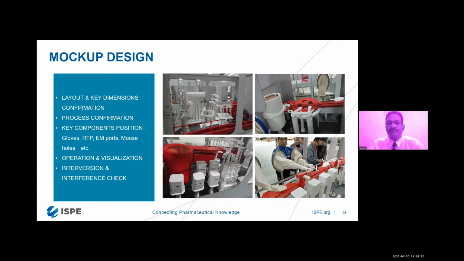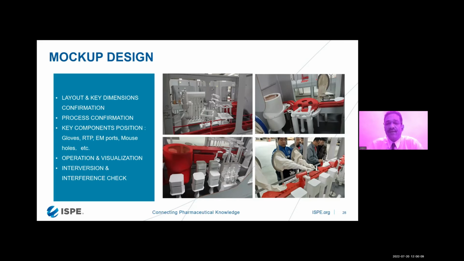In order to do all this, the first thing after the PO is that a mock or a wooden model of an isolator is made. That wooden model is going to show how you are going to do the operations, how you are going to take the material in, where the material is going to be placed, or where you require the hangers to hang the plates or the material which you are going to take.